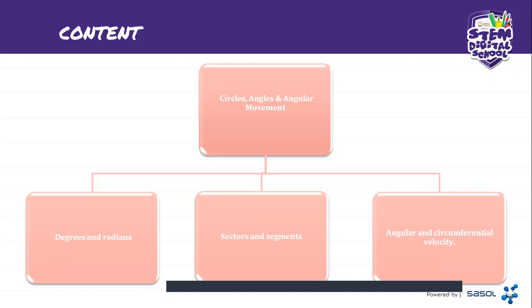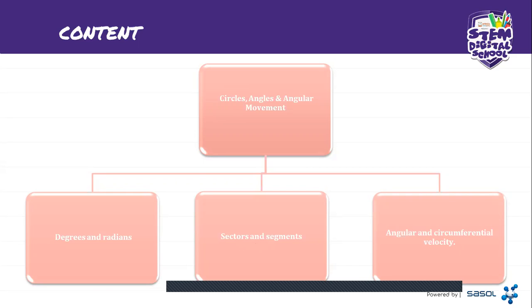Now, under circles and angular movement, we'll be looking at degrees and radians, where we'll be learning how to convert from degrees to radians, and vice versa from radians to degrees. So you must know that information. And then from there we move to sectors and segments, where we'll be calculating the area of a sector.